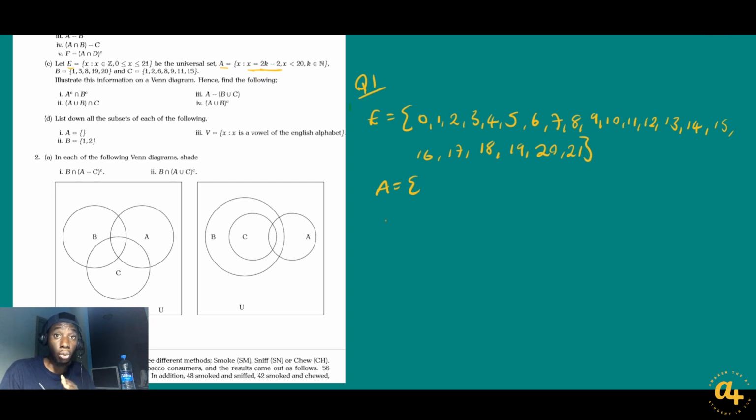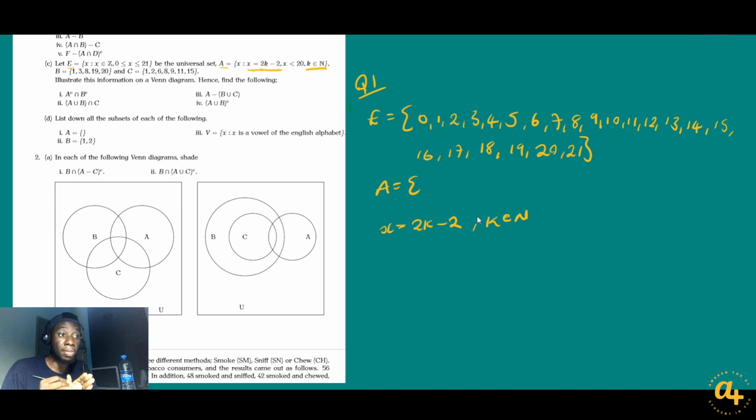So let's do that. We are going to have x here is equal to 2k minus 2, and then we know that k is a member of the set of natural numbers. Therefore, we can replace k with natural numbers, right? So we can start from 1 going all the way up. But remember that we have a universal set, right? Which obviously sets a boundary for us, which is from 0 to 21.